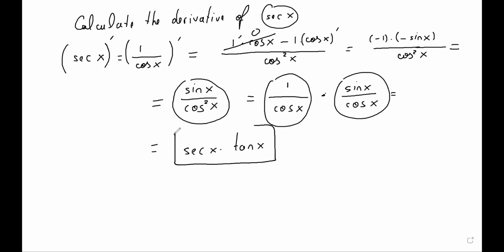So secant x prime is secant x times tangent x. This is one of the formulas they give you on the right side of the table there on page 148. I'm looking at the book, it's page 148.